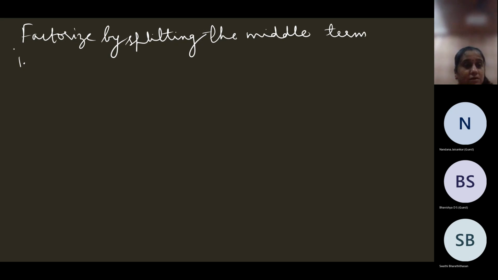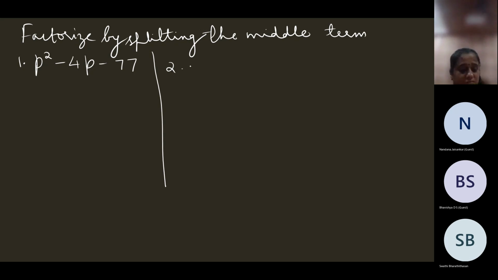Okay. So this is the first one. P squared minus 4p minus 77. X square minus 17x plus 16.